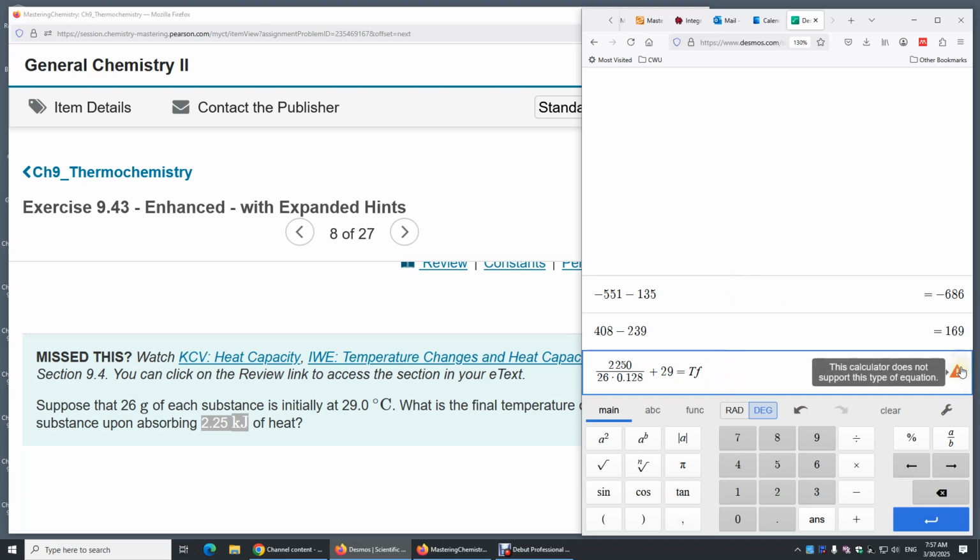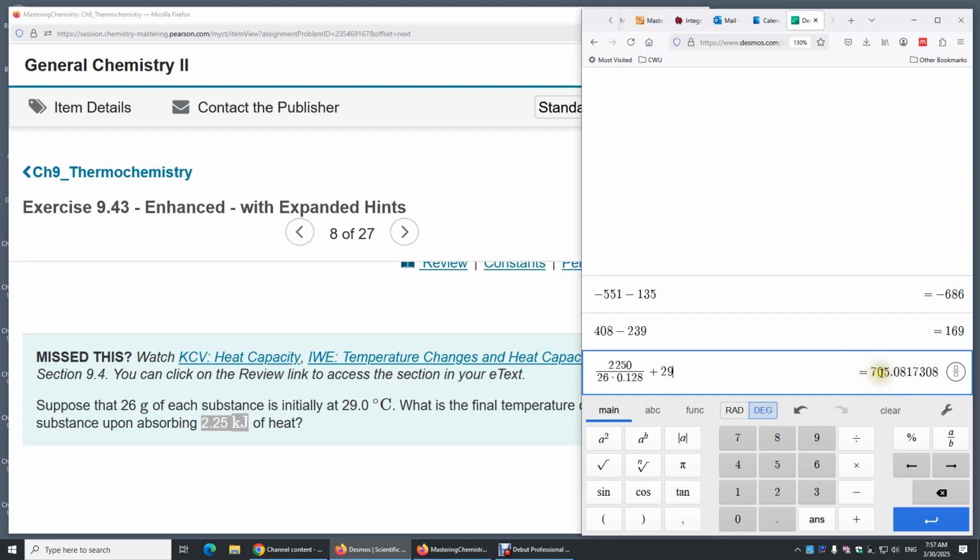You can see a warning sign here. This calculator does not support this type of equation. Well, we can just delete this part. We'll just do the numerical calculation over here. This is going to be 705. However, it contains three sig figures.